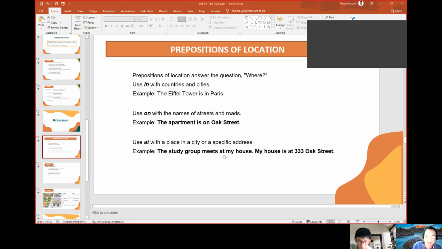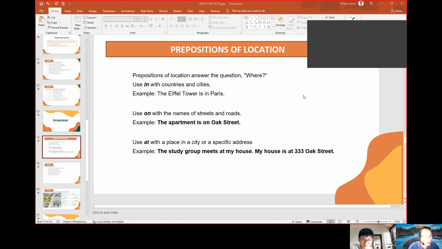That's "at" because it's a specific place, which is an apartment. Or the group of teenagers are going to visit me at 187 Feliz Street. So you are going to use "at".